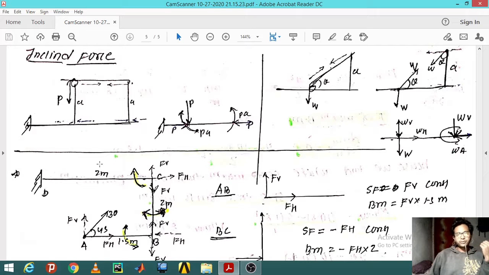So what will happen due to that? The force generated at the first lever, at the end, is trying to pull in the force direction.